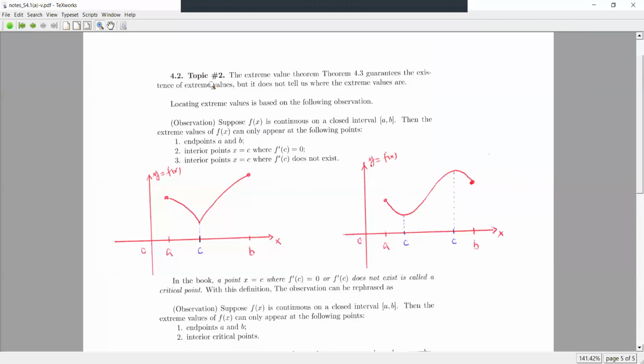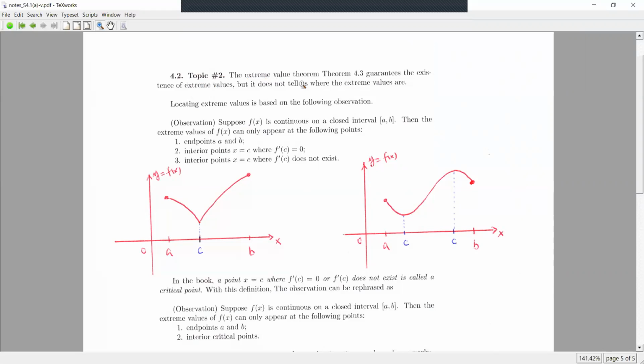Second topic: locate the extreme function values. Again, an extreme function value means a global maximum function value or a global minimum function value.